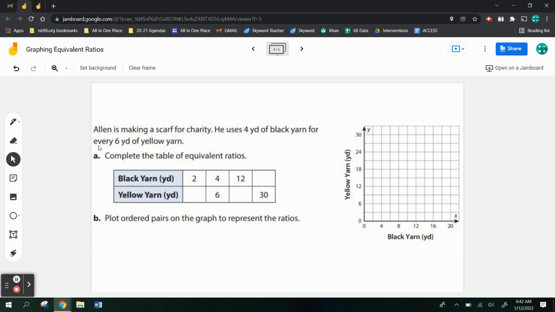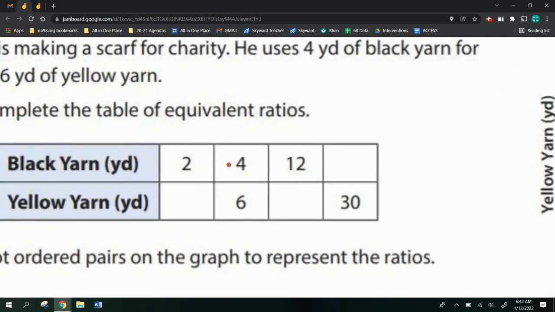All right, hopefully you paused the video and now you're ready to get some answers to compare. So it says Alan is making a scarf for charity. He uses 4 yards of black yarn for every 6 yards of yellow yarn. That information is already right here. So let's fill in the blanks. How do you go from 4 to 2?